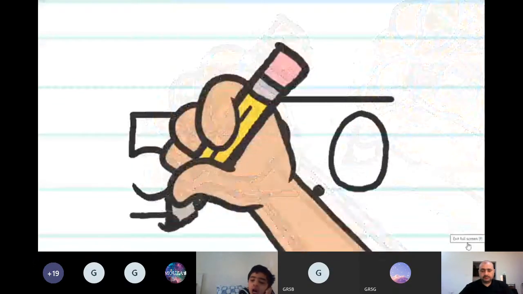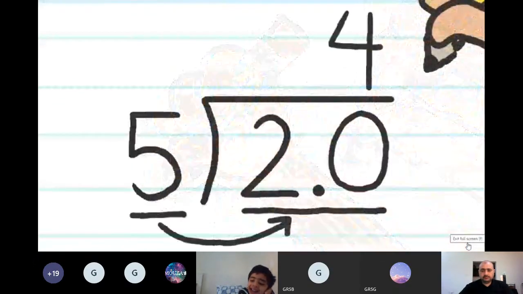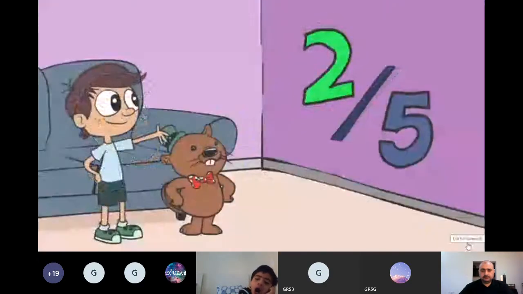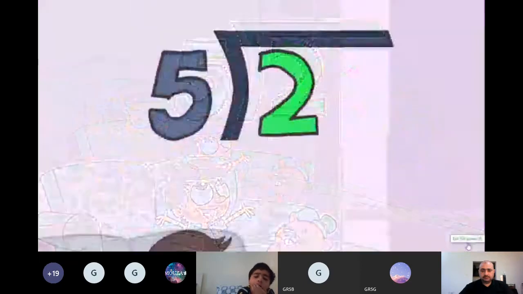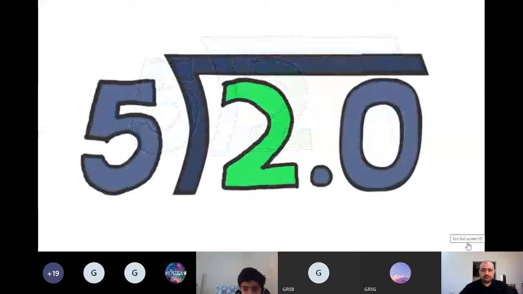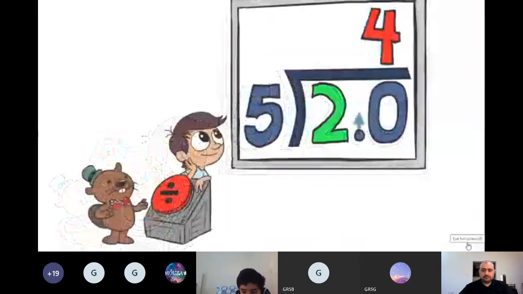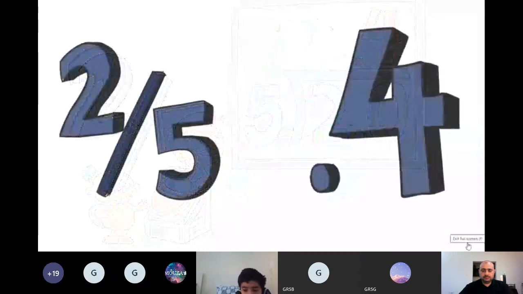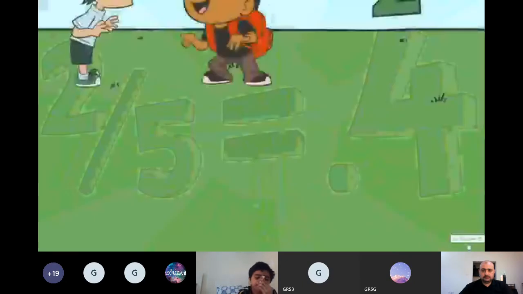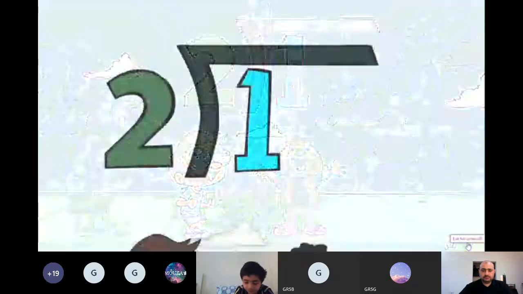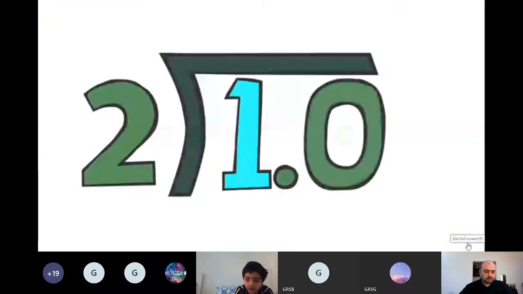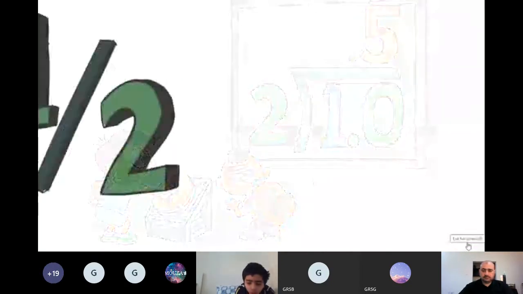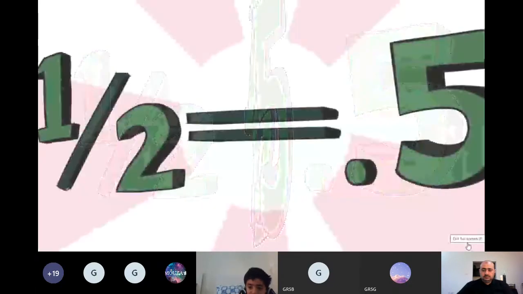Then 5 goes into 24 times, and the decimal point jumps up on the line. The numerator becomes a dividend, and write a decimal point and a 0 in the tenth. Divide and write the decimal point in the quotient. So 2/5 and 4/10 are equivalent. The numerator becomes a dividend, and write a decimal point and a 0 in the tenth. Divide and write the decimal point in the quotient. So 1/2 and 5/10 are equivalent.